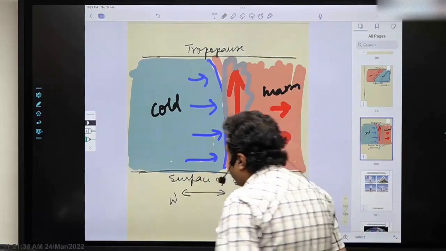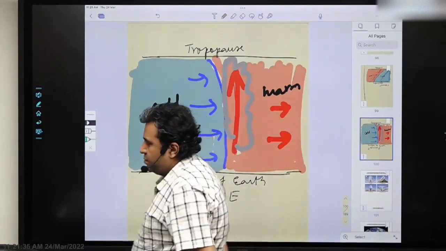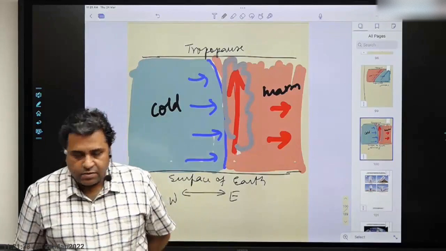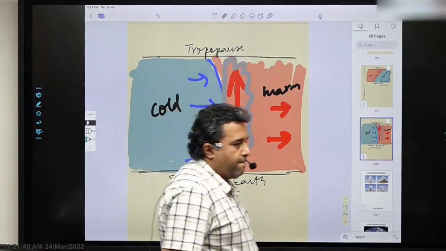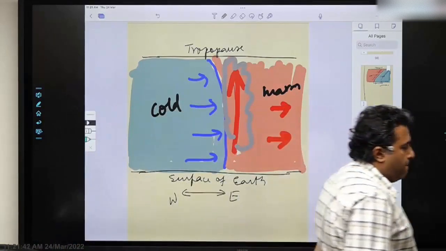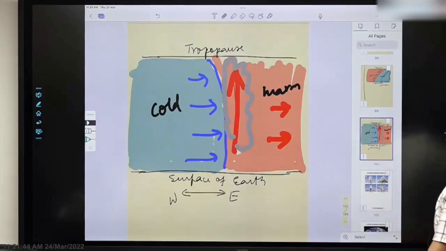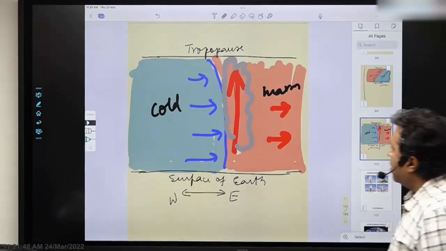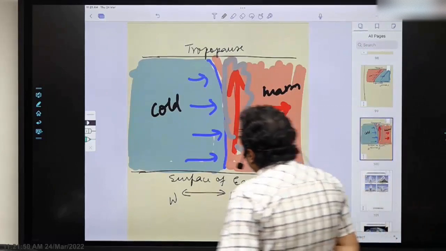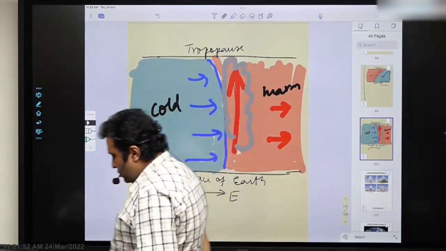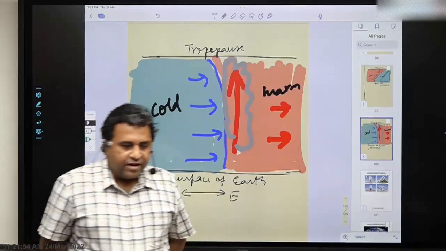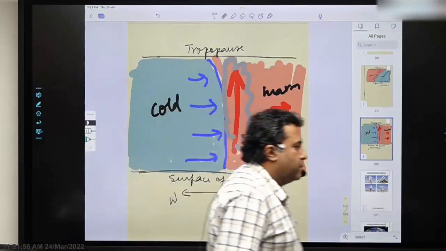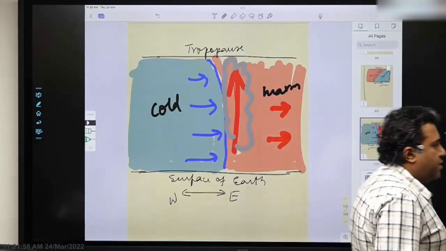Hence the cold front does not bend, and remains relatively vertical.